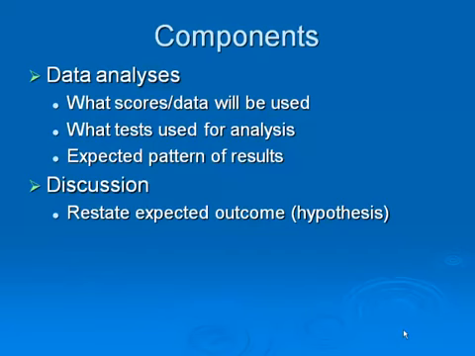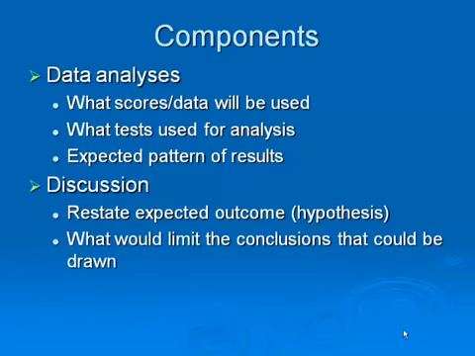Right? So you're saying at a very kind of numbers level what you're expecting. The discussion, you'll say, it's expected that people who report being more depressed miss more days of work. So you'll talk more at the concept level and less at the number level in the discussion section.